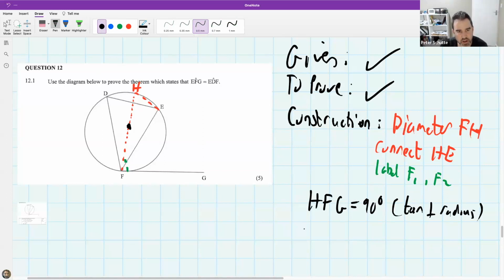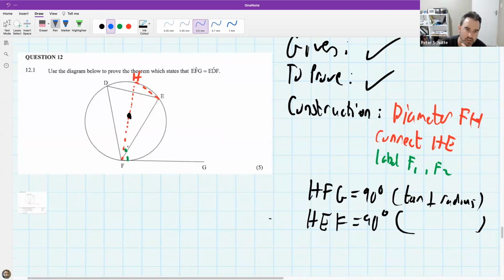What is the other one that I need to know? What's the other way of making 90? So HFG is 90. We also know that HEF is 90. Why is HEF going to be 90? I think that's going to be angles in semicircle.